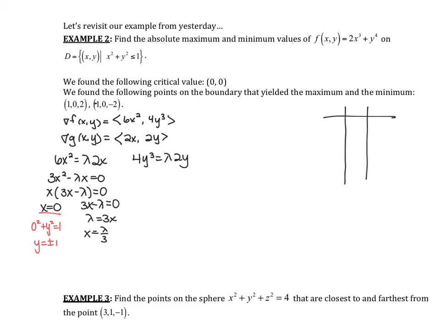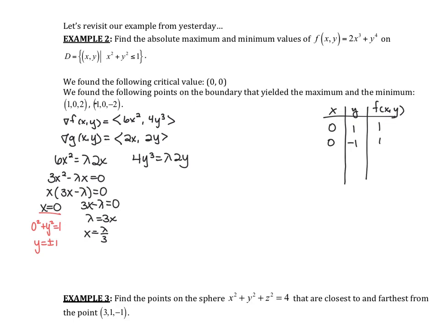And remember, this one had quite a few points. x, y, f of xy. So we had x is 0, we had positive 1. x is 0, we had negative 1. And when I plug those back into my function, I get 1 for both of them. Okay. Hang tight to that x equals lambda over 3. We're going to use that in just a moment.